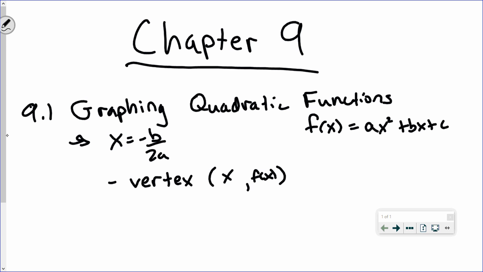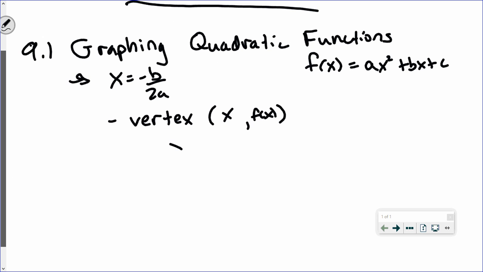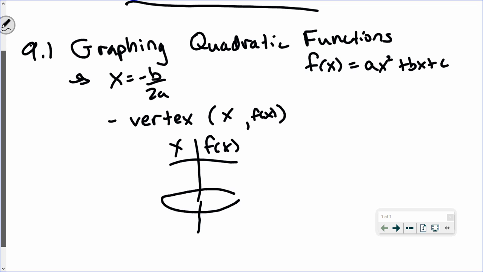After getting our vertex, we would set up a t-chart. Usually we would put that vertex value in the middle, and we choose some x values around it, plus 2 and minus 2 in either direction.